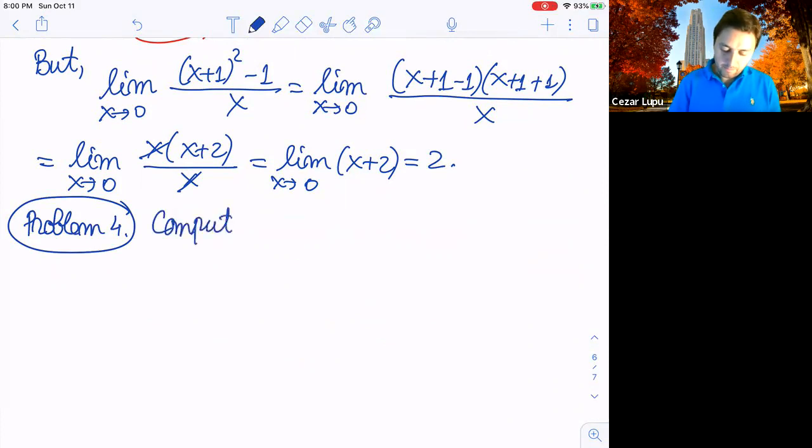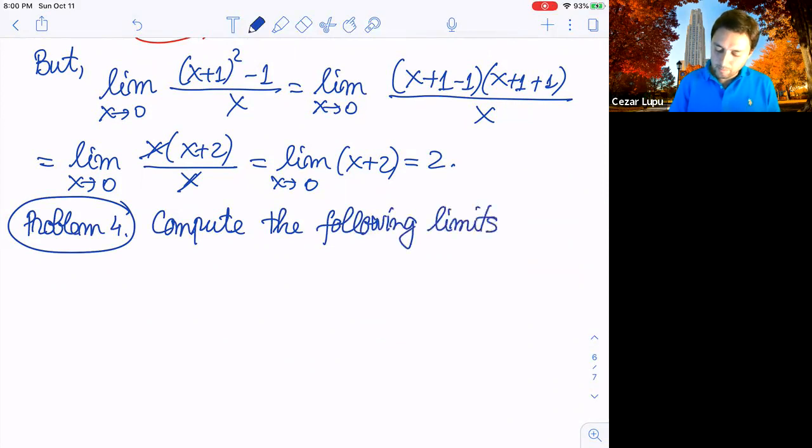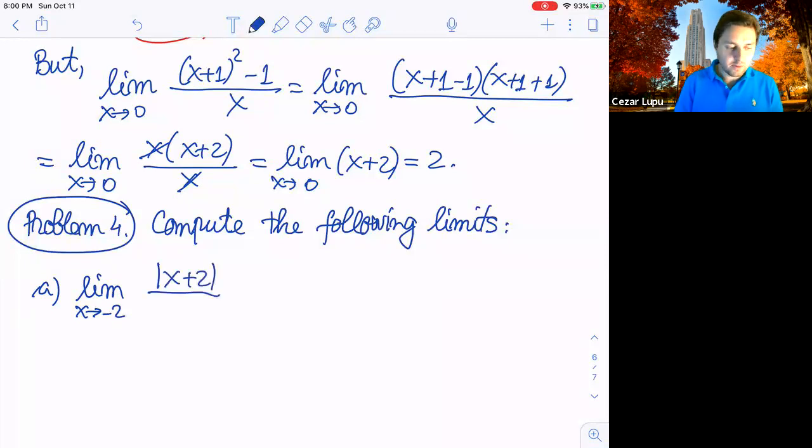So compute the following limits. The first one is the limit as x approaches -2, and pay attention now, of the absolute value of x plus 2, everything over x plus 2.